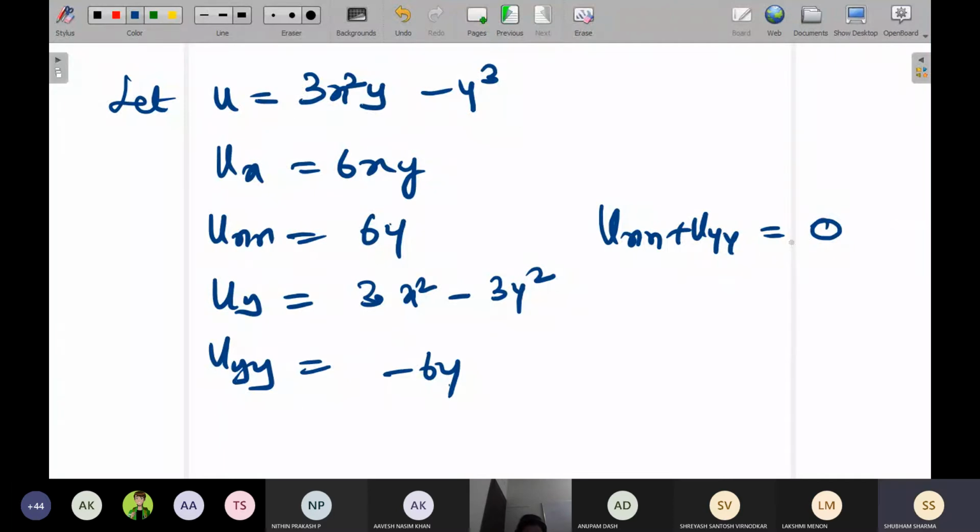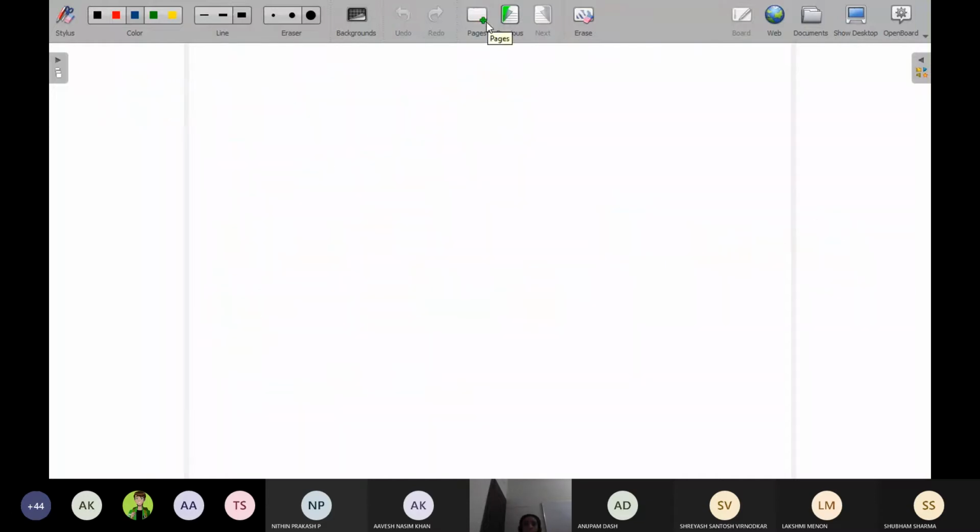How do we calculate harmonic conjugate? It is simple. Now suppose you are taking this as u. This is a given function. Now we want to find the harmonic conjugate. What is your harmonic conjugate? v. What will be your dv? dv is equal to vx dx plus vy dy.